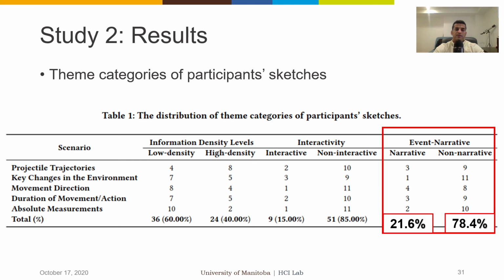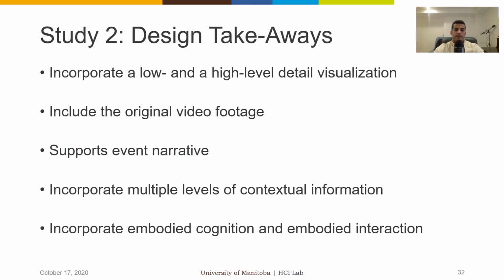In event narrative, annotations were used by some participants to directly instruct a user to explore further information or as a chronological order of events. 20.6% of sketches were narrative, whereas 78.4% were non-narrative.